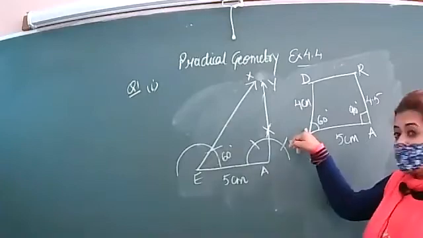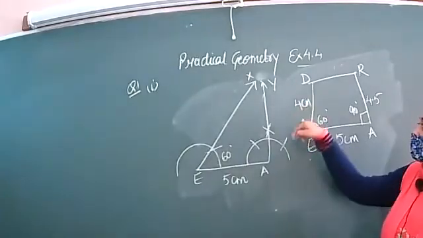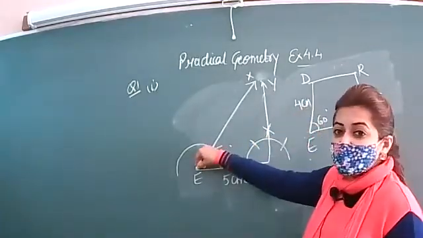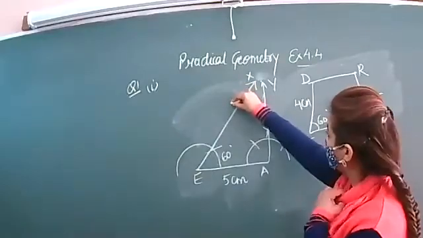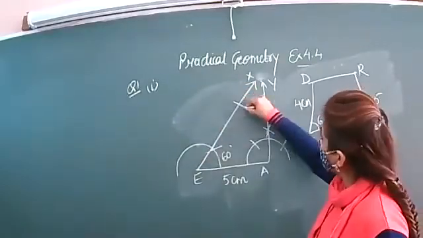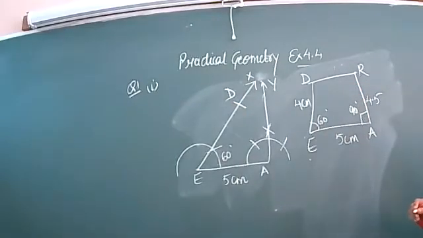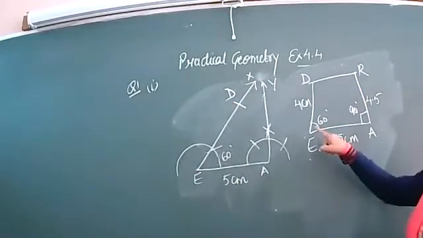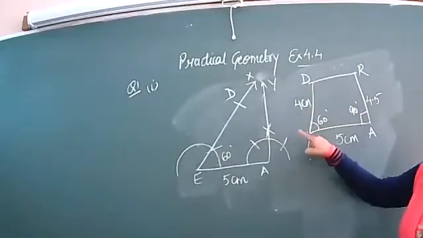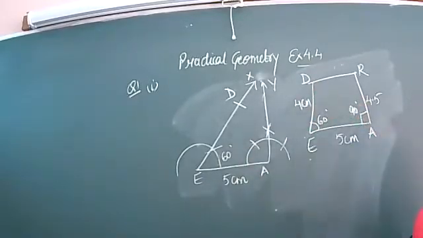Yes. From E, we want this line segment of length 4 centimeter. From E, you will put the arc of 4 centimeter that will cut EX at D. We have marked the arc for this ED. Now the next step will be DR. How?